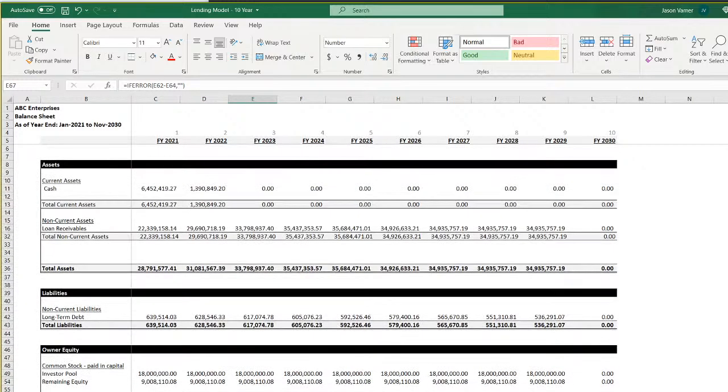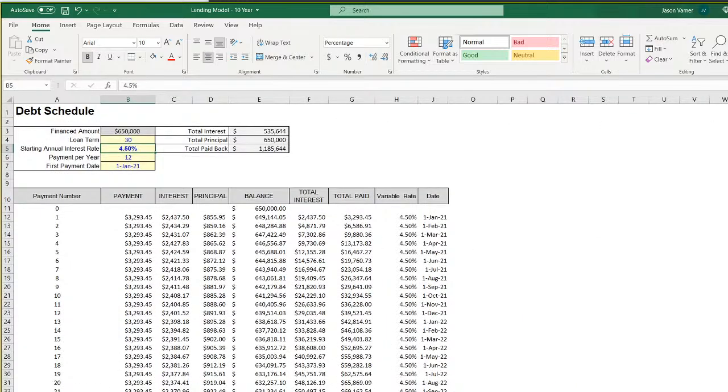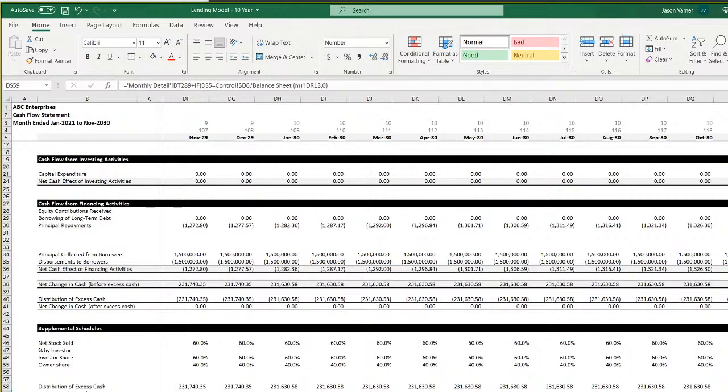Check. Okay, balance sheet's done. Cash flow statement. Again, that's going to be super easy. We're going to sum up everything with the sum ifs. Then after this, we're going to do visuals. And then, man, I can't believe we're going to finally finish this model after 5 weeks.